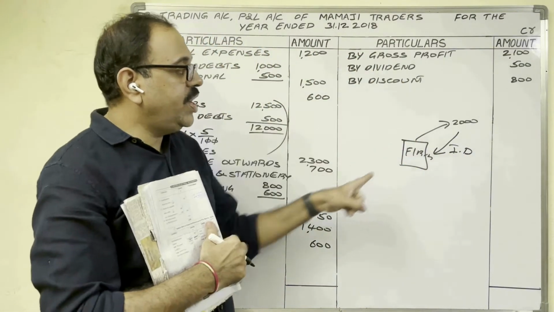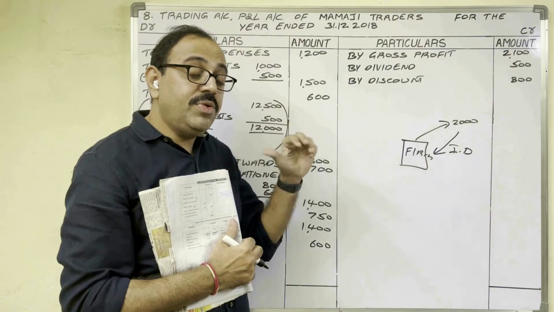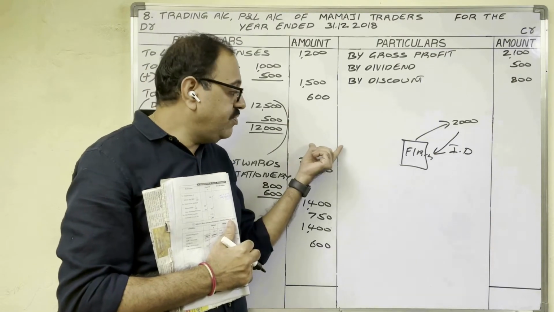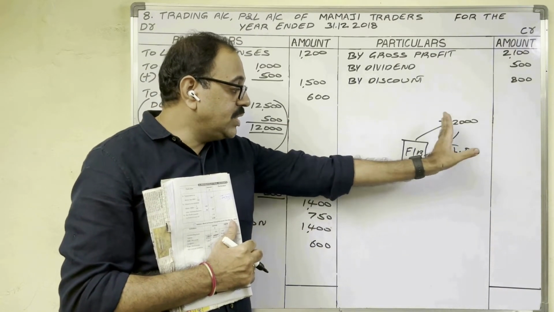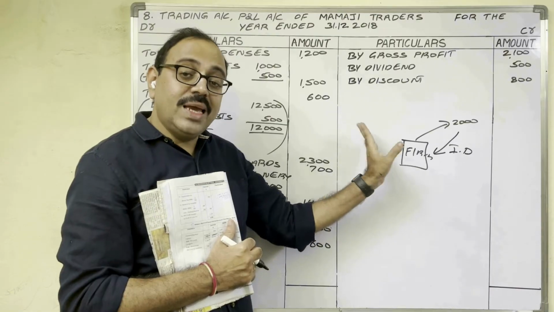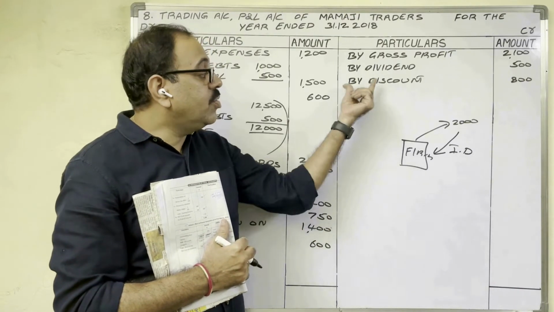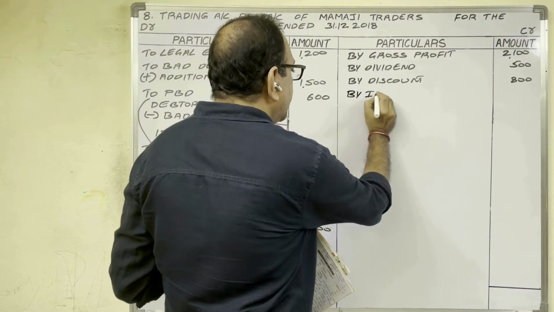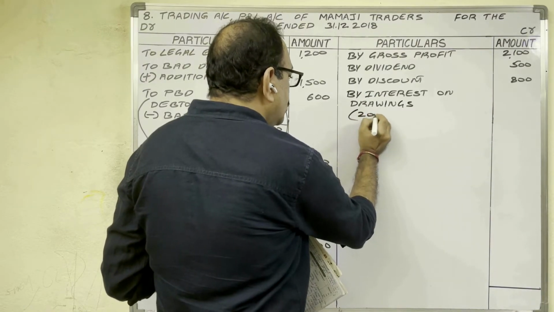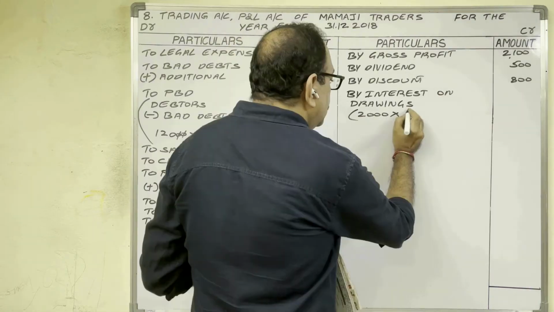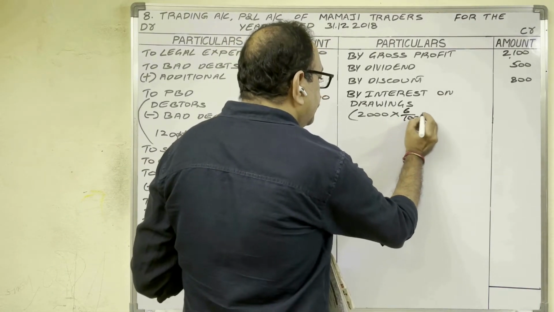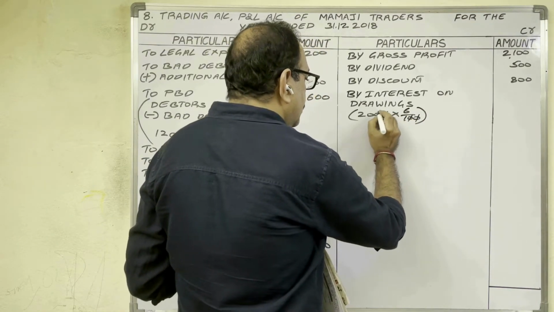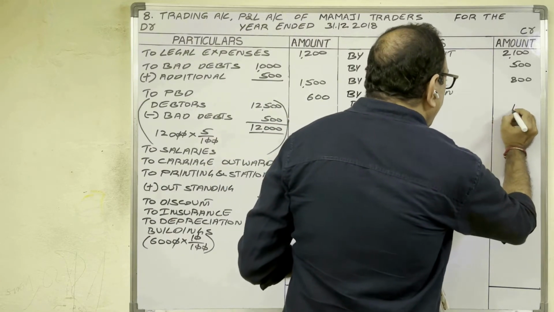In firm books, we are preparing accounts now. Think from firm's point of view. To the firm, interest on drawings amount is coming, means income. So P&L account credit side we have to show. By interest on drawings, drawings amount 2000 into 6%, 120 rupees.